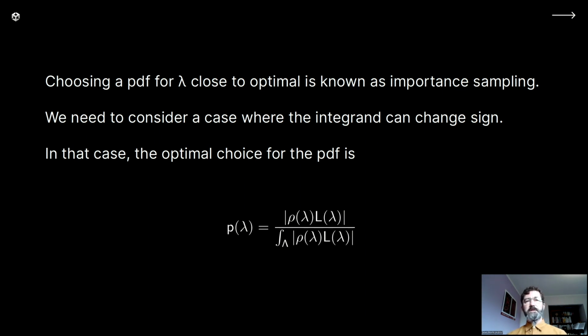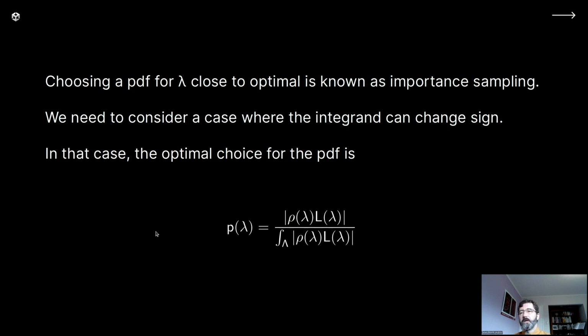This is a little bit beyond the scope of this course, but let us just deal with the fact that rho may be changing sign. It may be negative in some small areas of wavelength, typically in the blues. That this integrand may be changing sign, and that it is therefore not suitable to make a PDF.